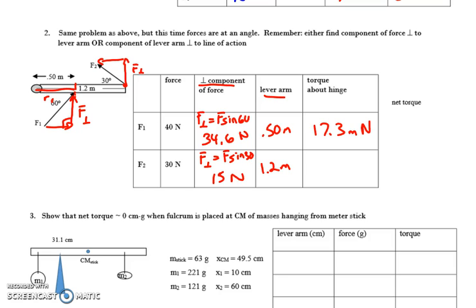So if we take 15 times 1.2, I get 18 meter-newtons of torque. Since it's also counterclockwise, we simply add these two up and we get a net of 35.3 meter-newtons of torque. Okay, so I'm going to stop right there.